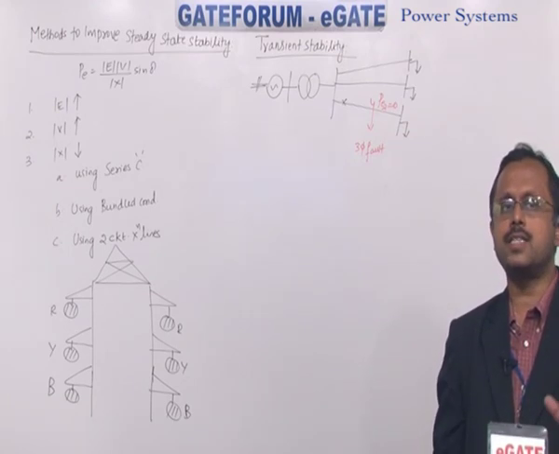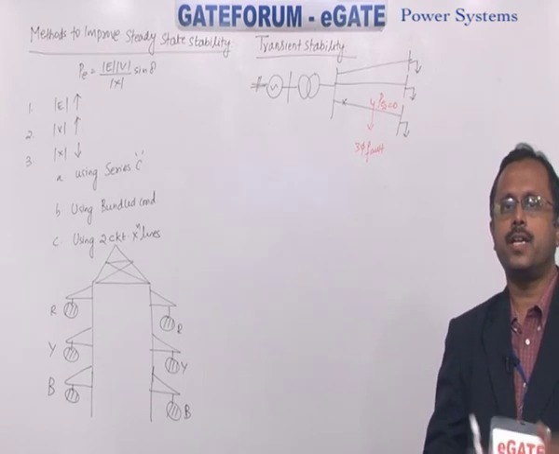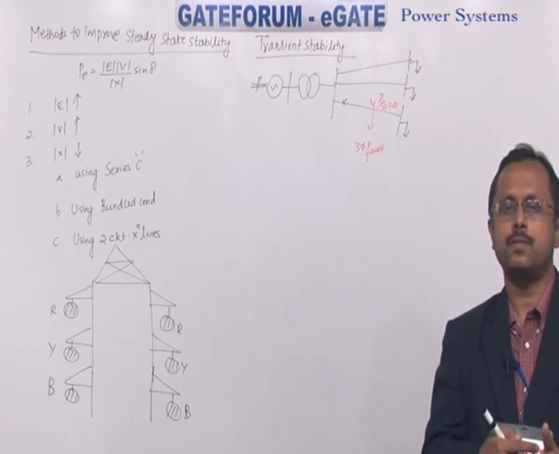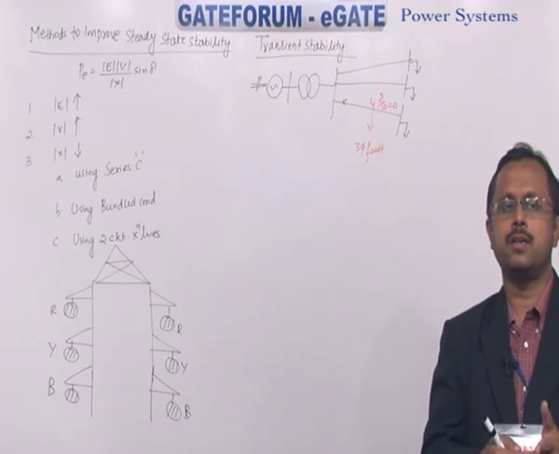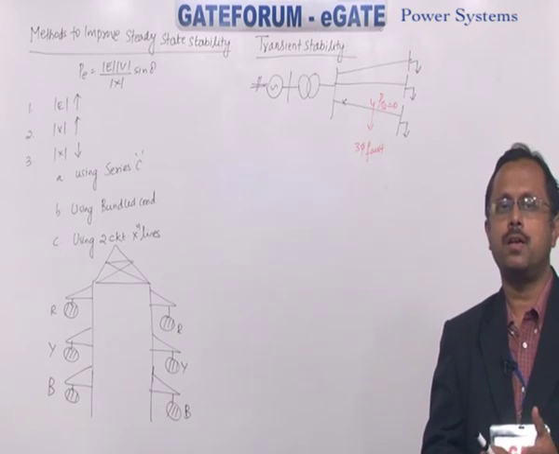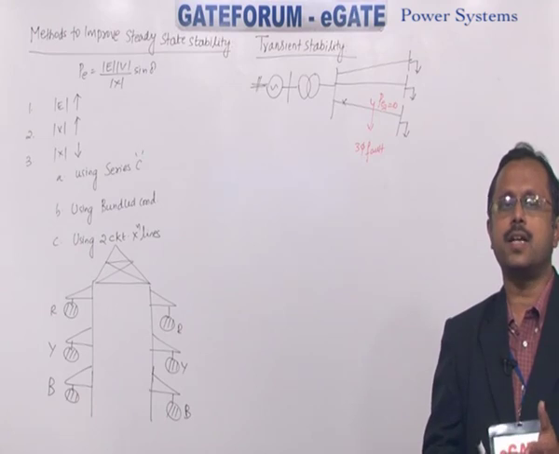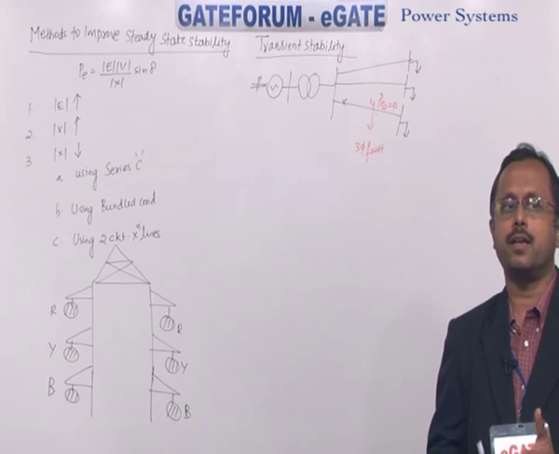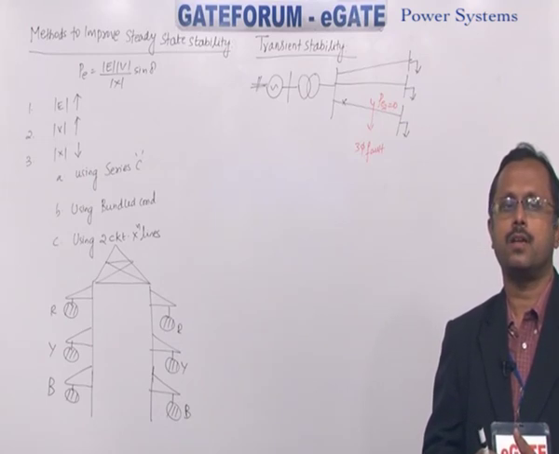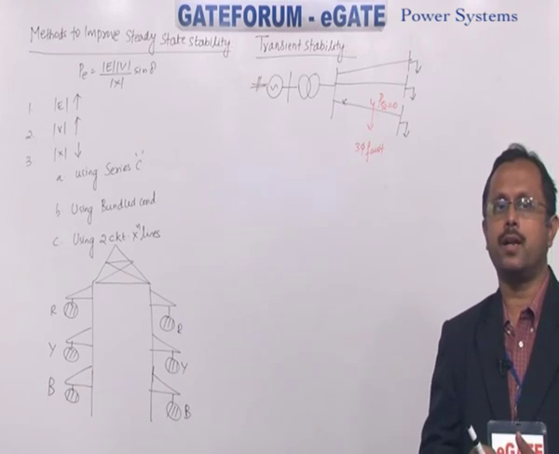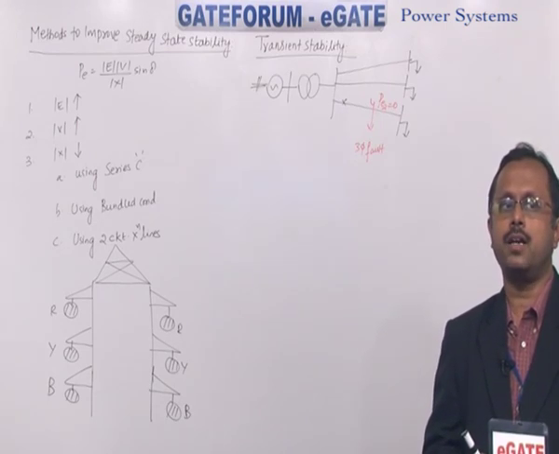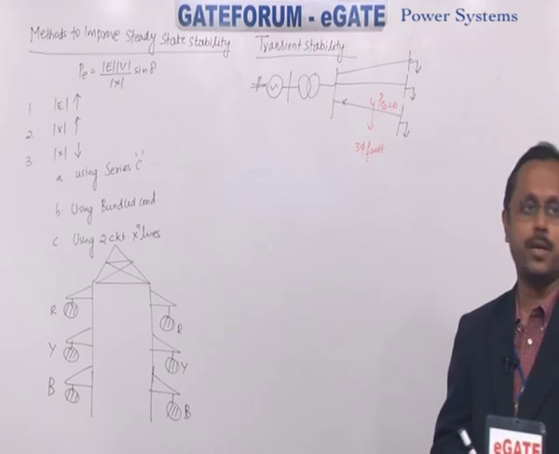Transient stability is the property of a synchronous machine to transmit maximum active power through the line by maintaining synchronism with the externally connected transmission line for large and sudden changes in load demand.